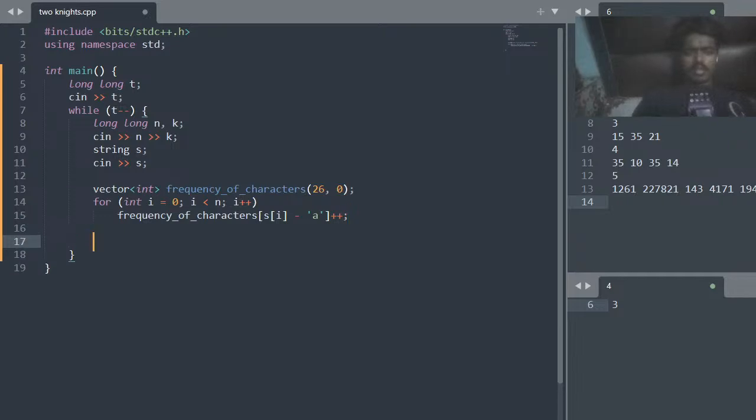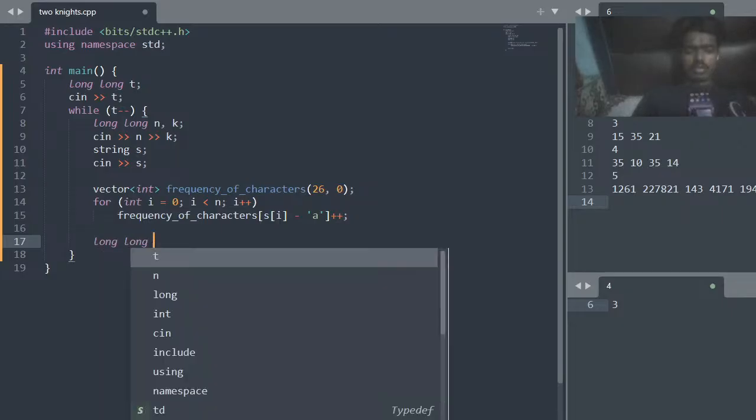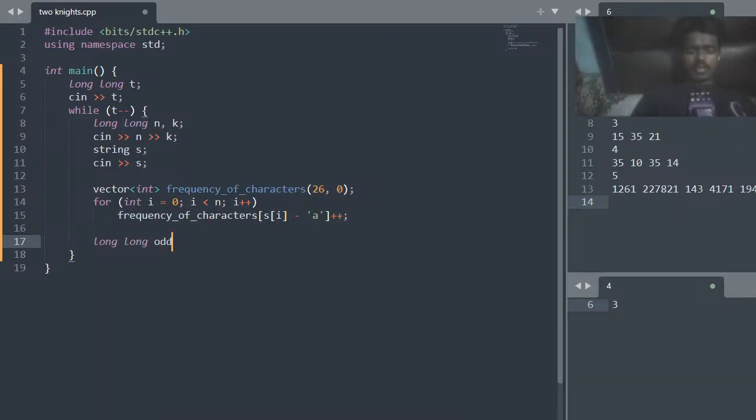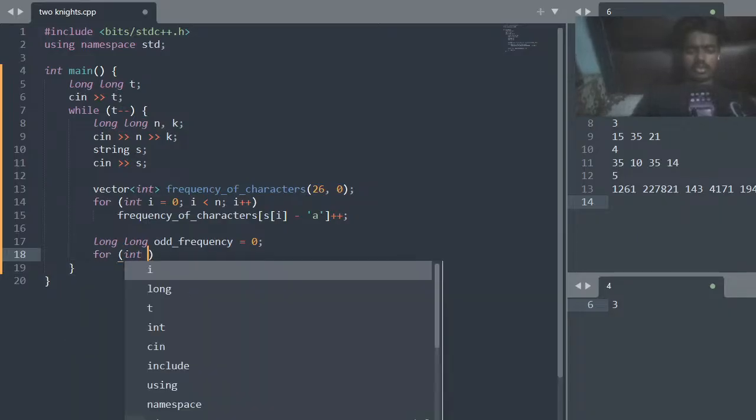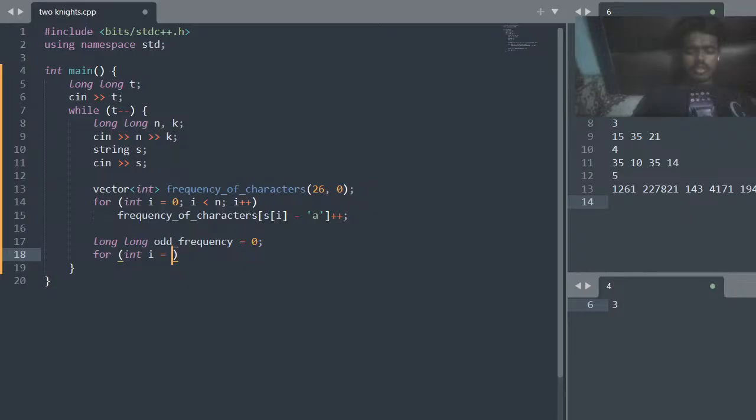And then like do odd frequencies, so the long odd frequency is like 0, and then we like to do loop, so int i is equal to 0, right?